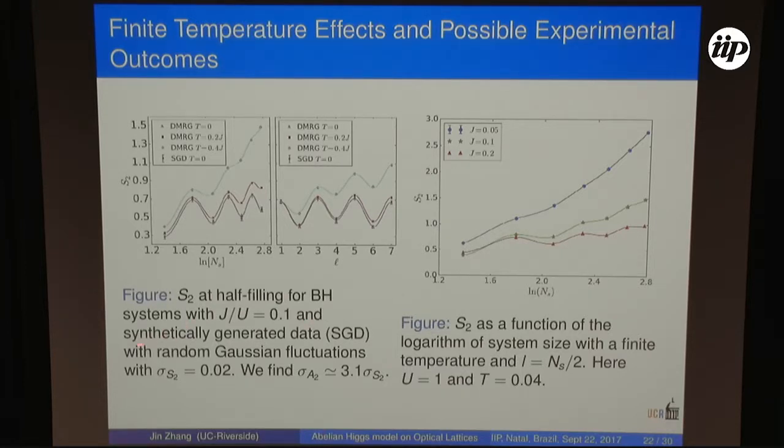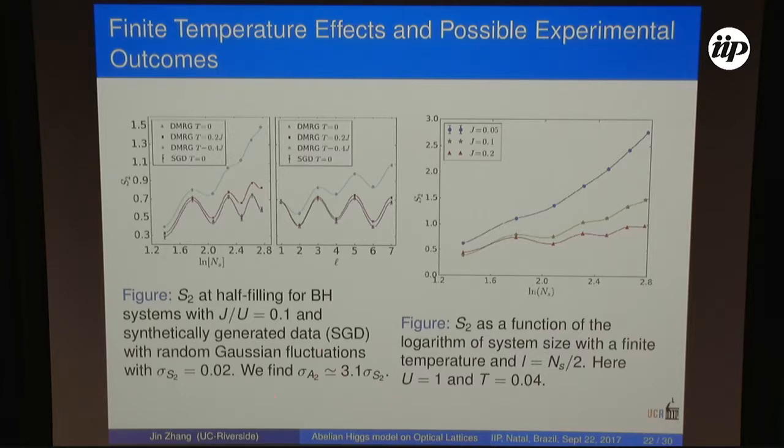So we synthetically generate the data with random Gaussian fluctuations with sigma 0.02, and now we fit this data each time, and we find the error in coefficient A2 is approximately 3.1 times the error in S2.